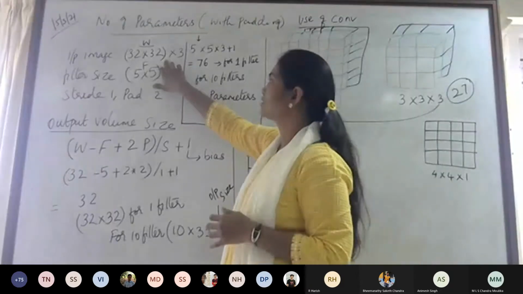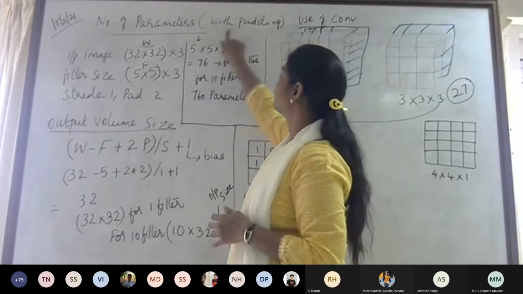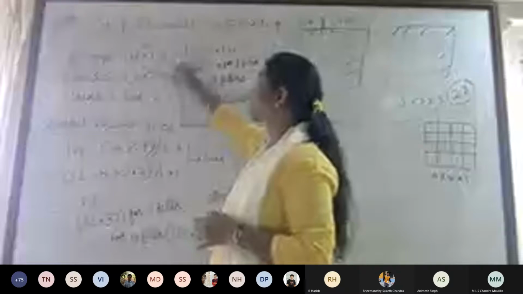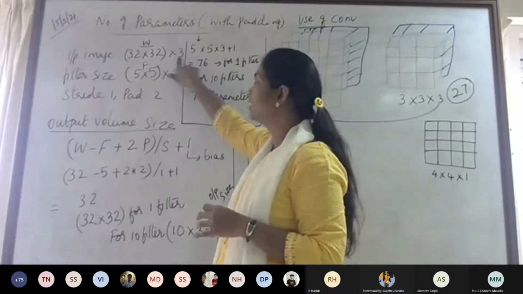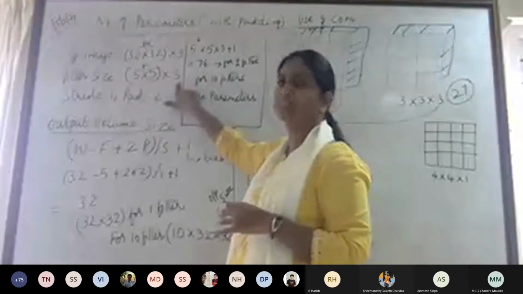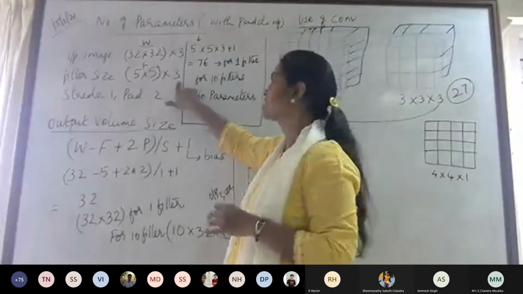Assume your image size is 32 cross 32 with padding, and this refers to the 3 color channels RGB, and I am using a filter of size 5x5, and my filter also has 3 color channels.